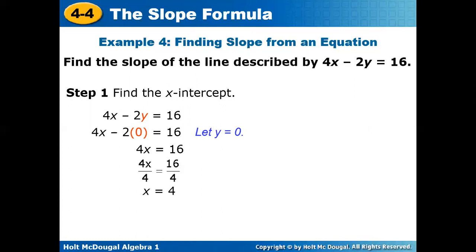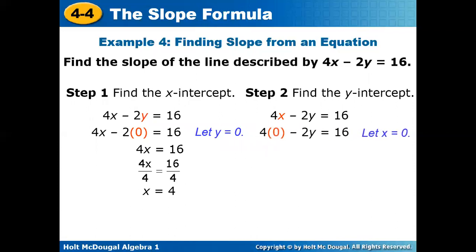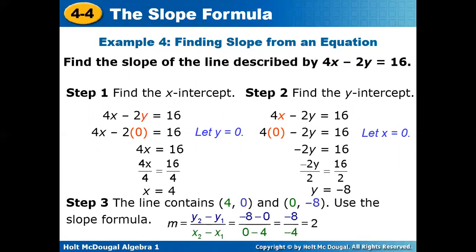So 4x equals 16 and divide both sides by 4, so x is 4. And then find the y-intercept by putting x equals 0. So 4x minus 2y equals 16 means 4 times 0 minus 2y equals 16, means negative 2y equals 16, and divide both by negative 2, so y is negative 8.